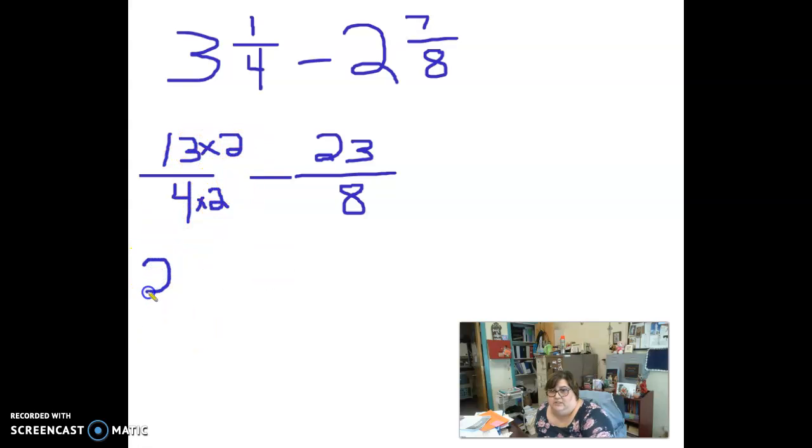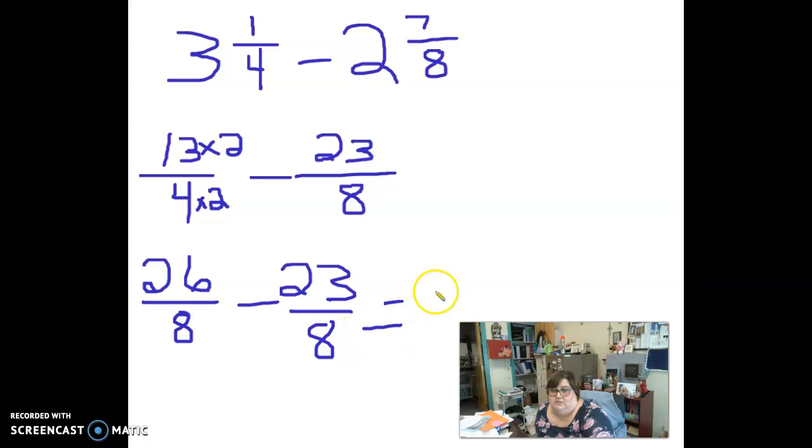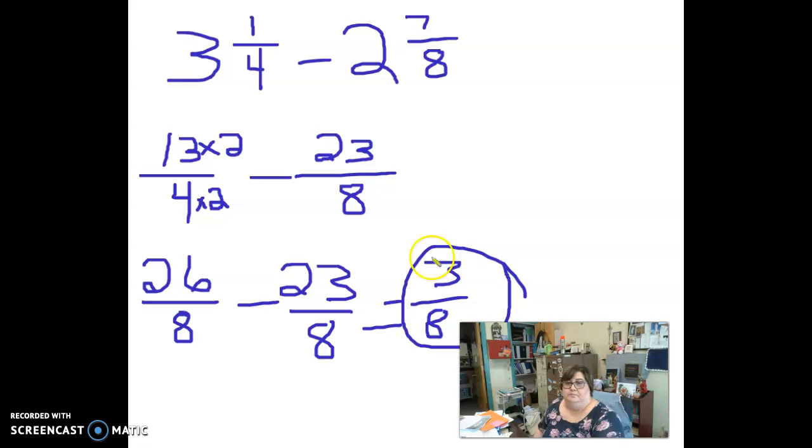So we get 26 over 8 minus 23 over 8. And that's going to give us 3/8. Okay, 26 minus 23 is 3, and then you don't subtract the denominators, those just stay the same. So your answer would be a difference of 3/8.